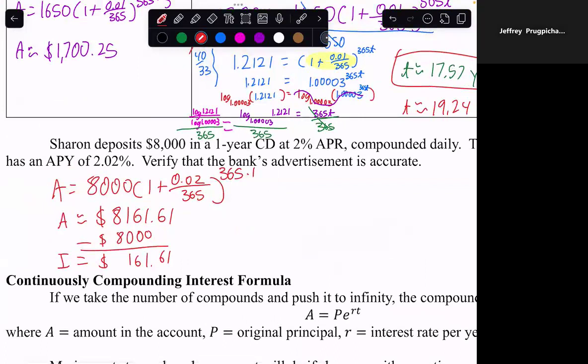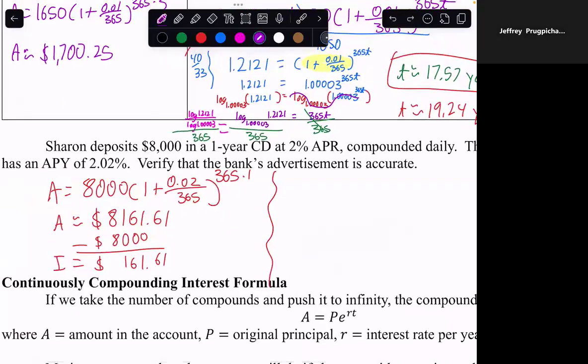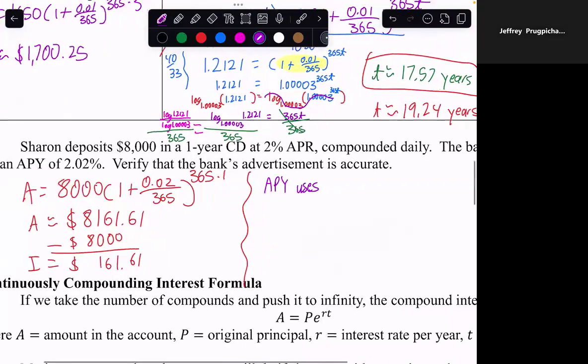Now we're going to compare that to the claimed APY of 2.02%. APY uses the simple interest formula. This is the formula from last class, I equals PRT.